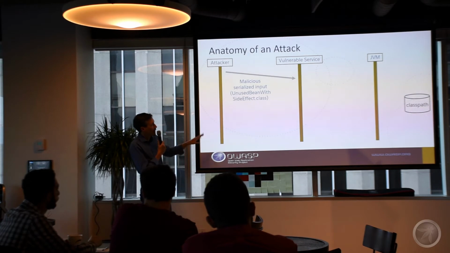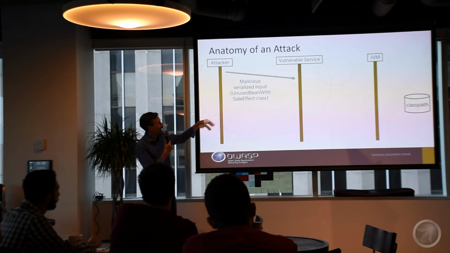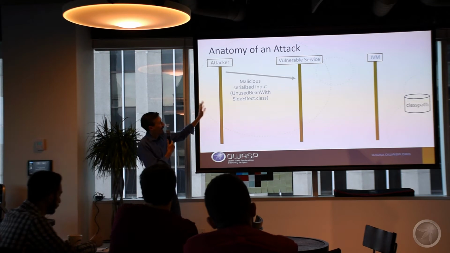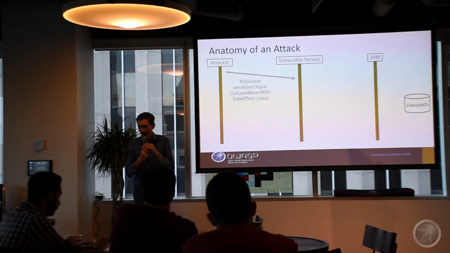On their computer they instantiate that class and control the CMD string to whatever they want. Then they serialize it, dump it to binary, and send that to our web application.